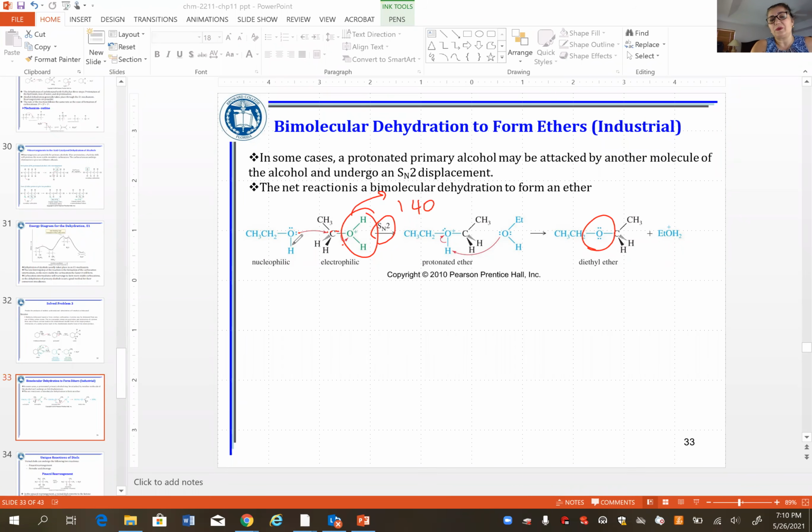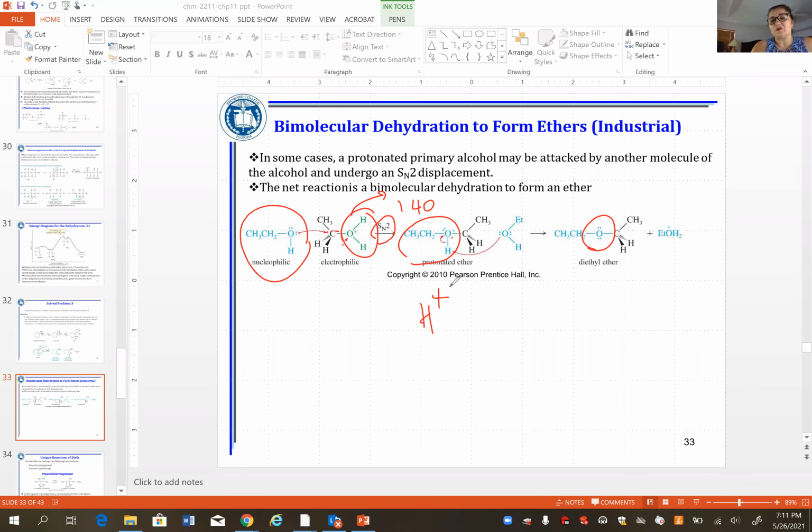And when the leaving group leaves, in this case, because your nucleophile is not negatively charged, the positive charge is going to stay and be shared between the oxygen and hydrogen, because your nucleophile came to rescue that plus charge. So it's going to take over the plus charge. Now, this plus charge has to be removed. And how can you remove a plus charge? You cannot just remove a plus charge without adding a negative charge. So you have to remove H plus.